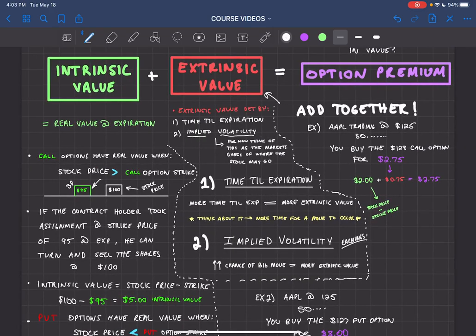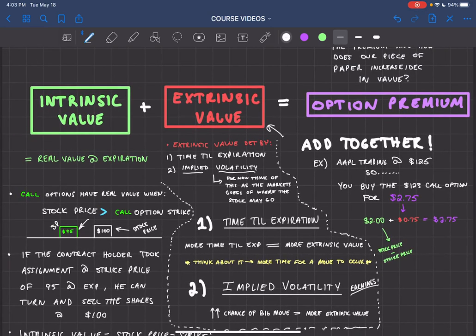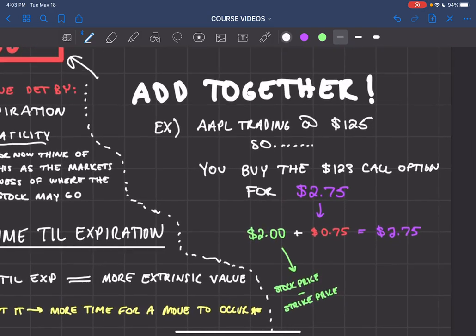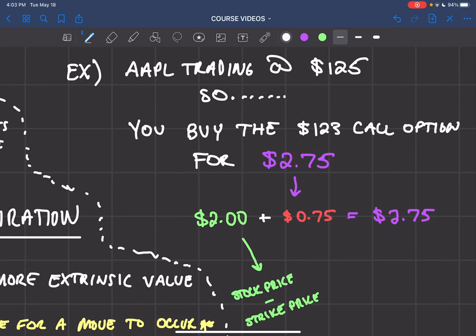So let's go into what is actually used to calculate the option premium. And remember, we just add the intrinsic plus extrinsic value. Let's do an example where you buy a contract. Apple right now, let's say it's trading at 125.